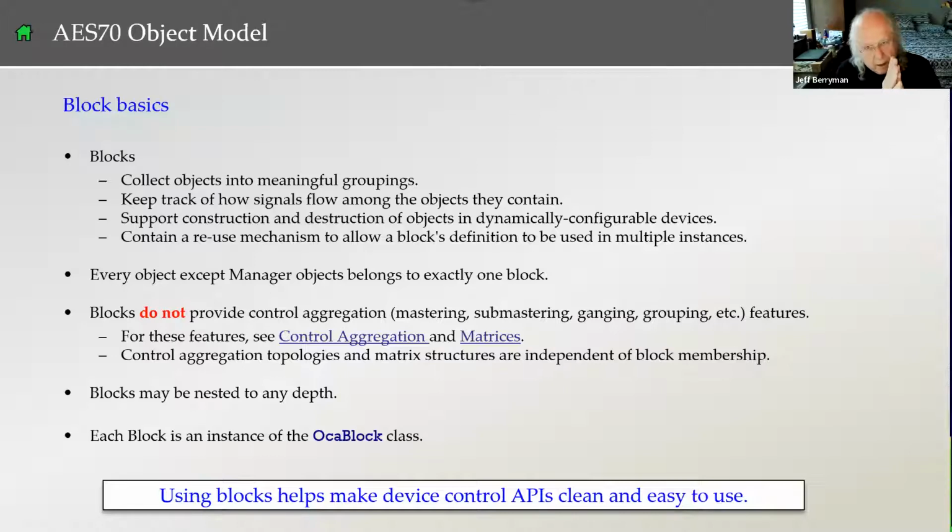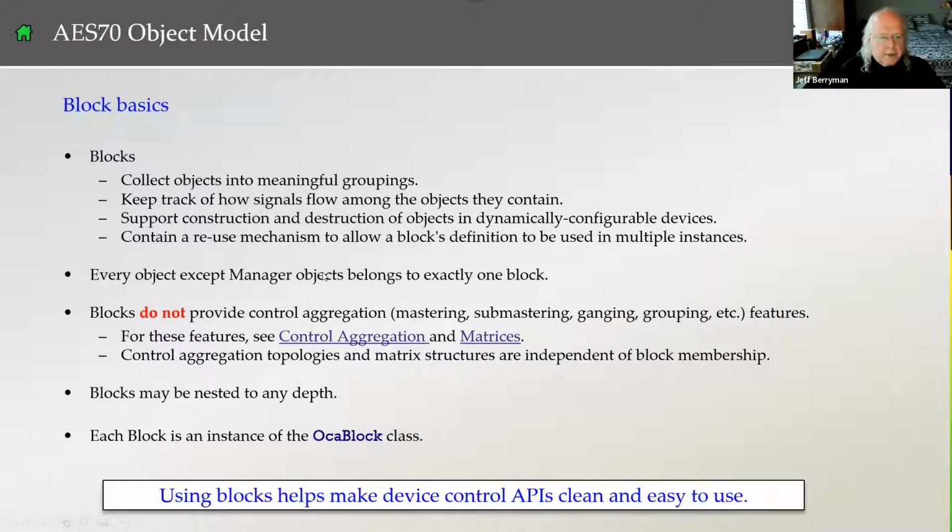Then later, I'm just going to replicate that block definition 63 more times to create the definition of my 64 channel mixer. So you don't have to redefine everything every time. That's the idea of blocks. In a smaller example, even a stereophonic device with two channels, you could define a block that was a channel and then just replicate it for the second channel.